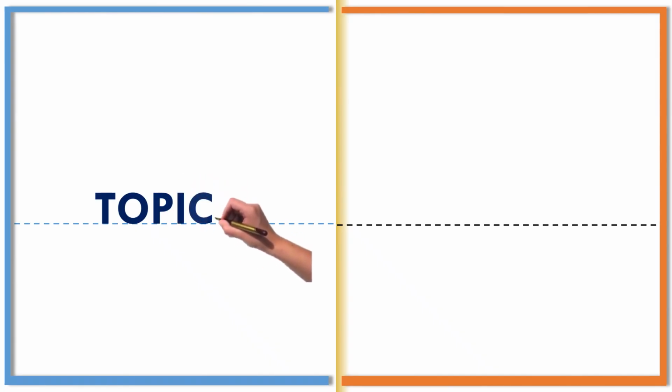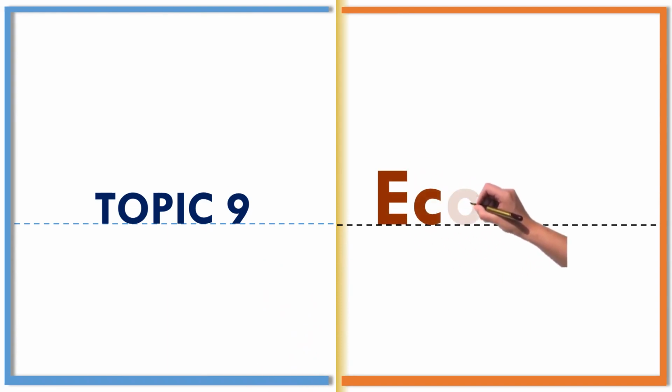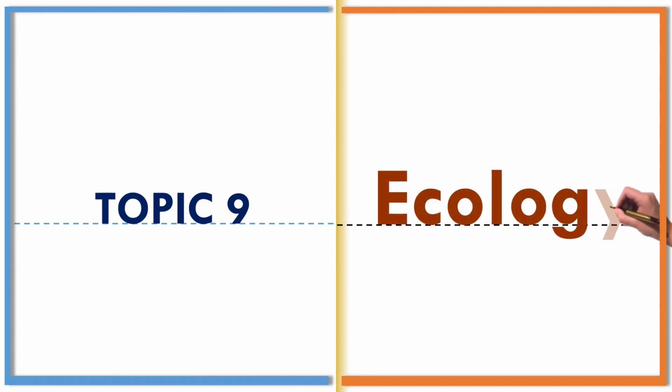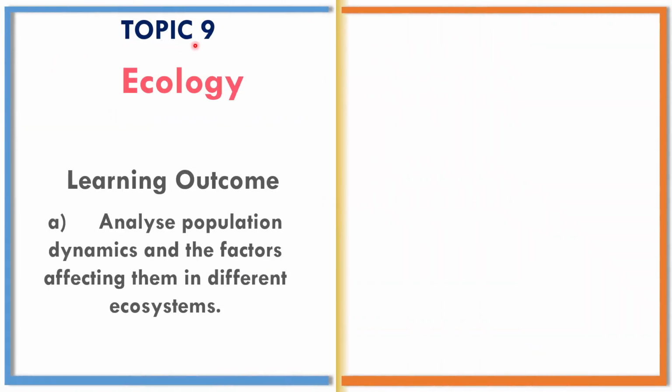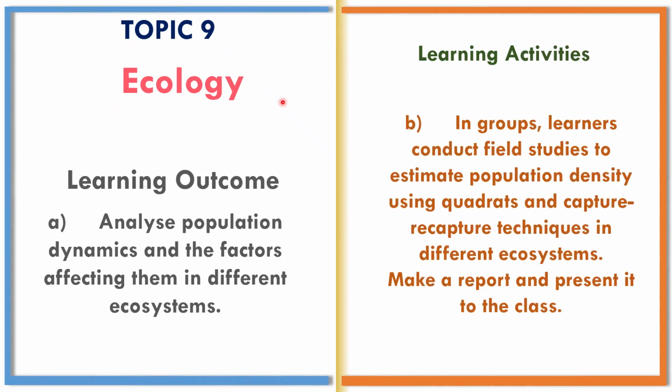It has been topic 9, ecology. Thank you for participating in topic 9, ecology. We have been looking at learning outcome A. Analyze population dynamics and the factors affecting them in different ecosystems.